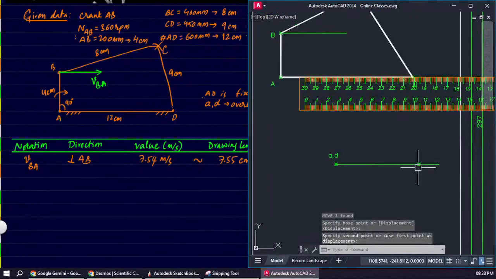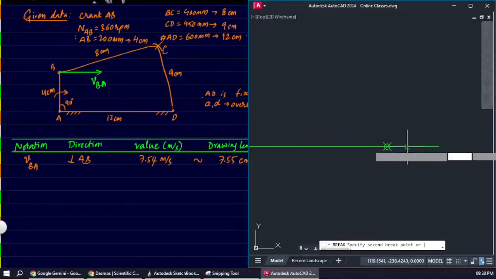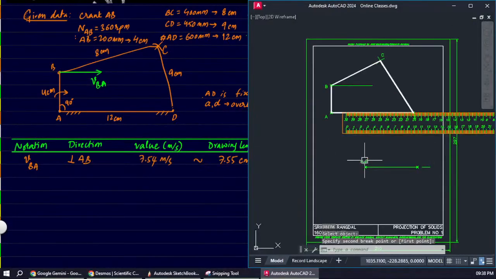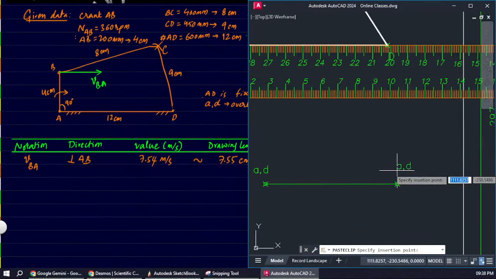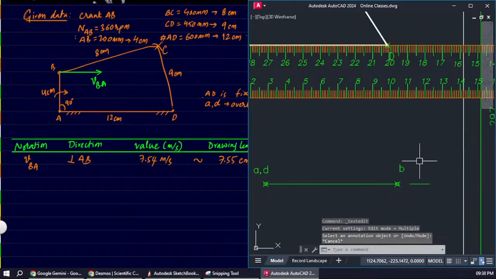So this is the point we need. Let us name this point. This point is point B.